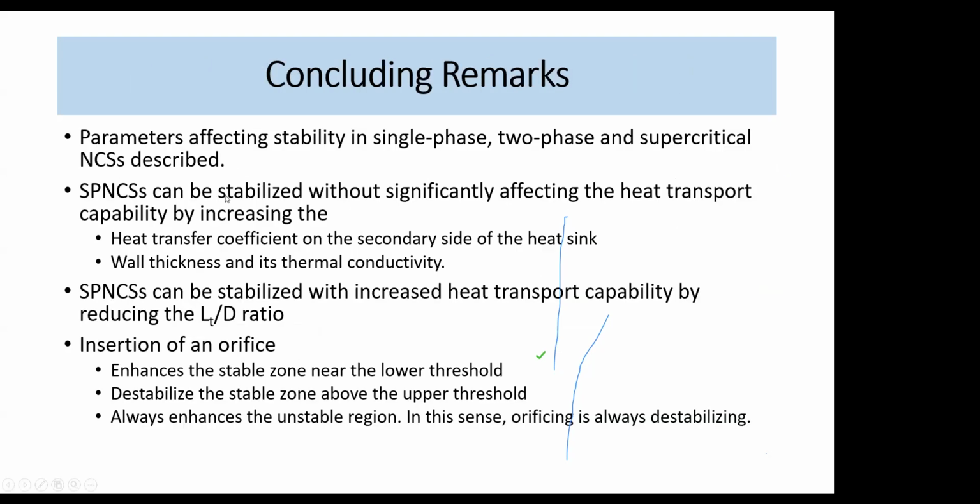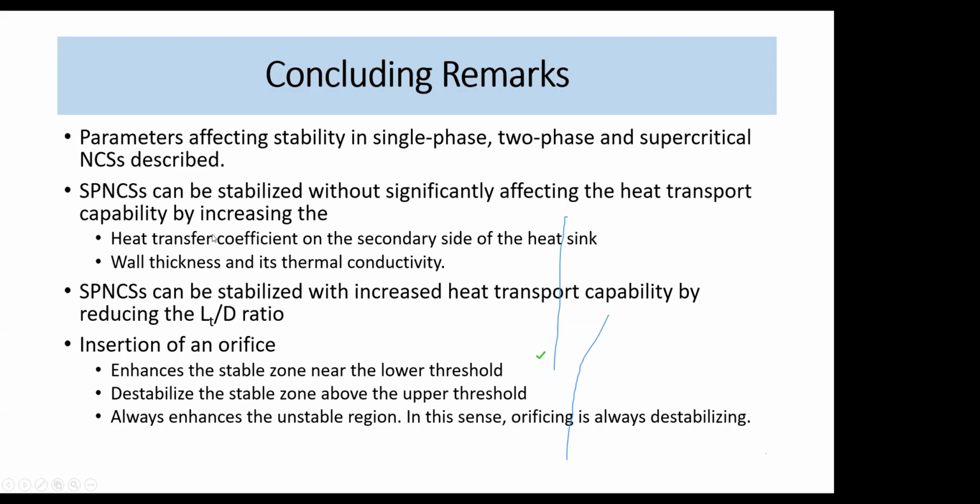So to conclude, we have looked at parameters affecting stability in single phase, two phase, and supercritical natural circulation systems. And we found single phase natural circulation systems can be stabilized without affecting the heat transport capability.